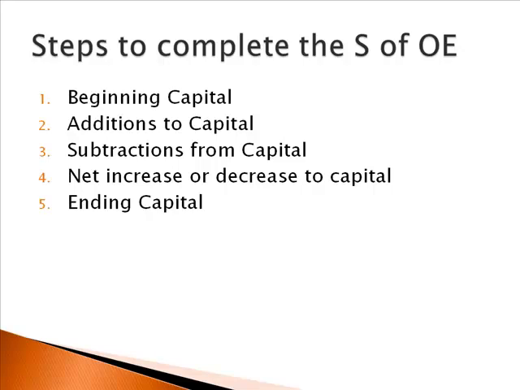And we take the beginning balance number and then we add a net increase to the owner's capital. If for some reason we would have a net decrease to owner's capital, we would be subtracting that number from the beginning number in order to come up with the ending number, which will be stated as owner's capital December 31st, 2008, or whatever the appropriate date is for the end of our financial period.